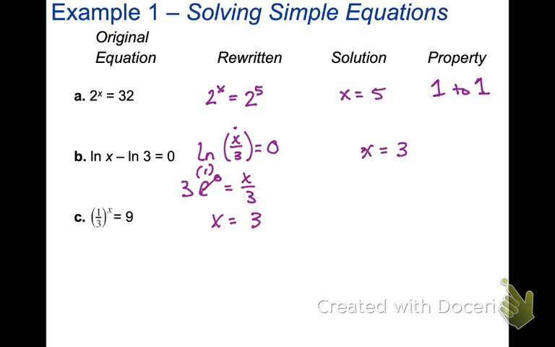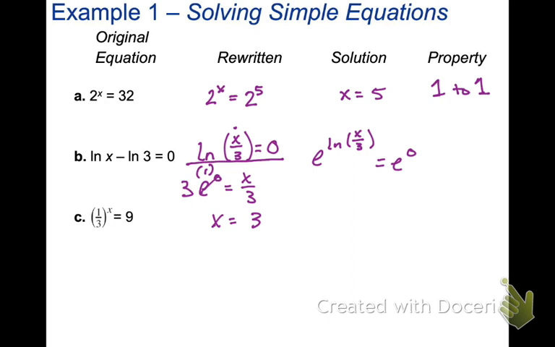Now, what they're actually looking for you to do is this. This is in logarithmic form, yes? And the base is e. They're looking for you to make both sides an exponential function. I took both of them and made them exponents.